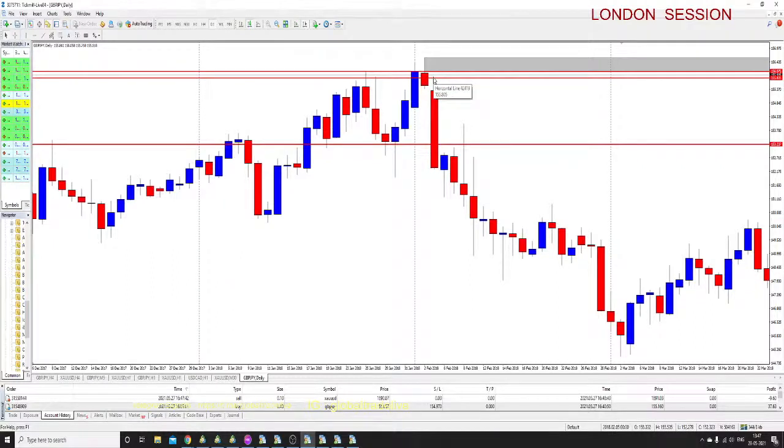And this is the wick from the left. When this candle just wicked up and came all the way down, the market came all the way down, right?